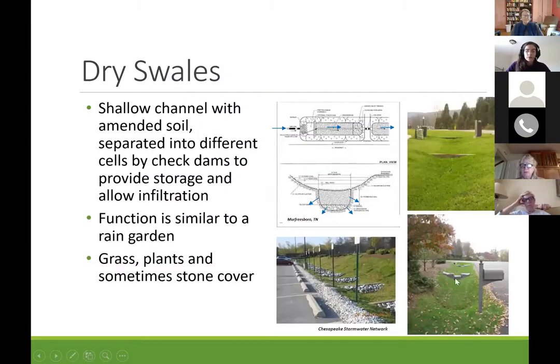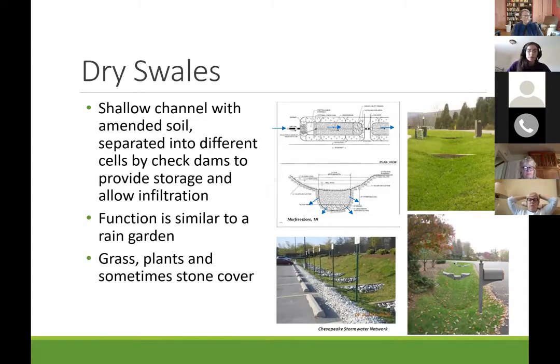Dry swales, again, we talked about those little check dams or these rock structures that can be used in them to try and slow that water down, give it a chance to filter in. So these dry swales, even though they just look like they're turfed, they actually have this amended soil underneath.